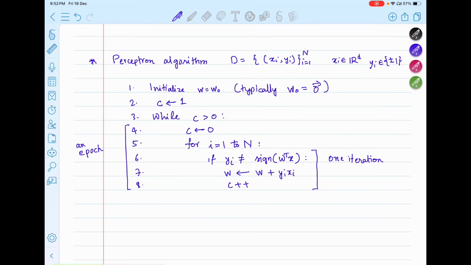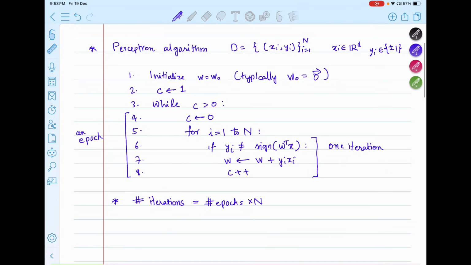So specifically, you can see that the number of iterations is the same as the number of epochs multiplied by N. But in each iteration, it is not necessary that we will have an update. It may be updated, it may not be updated, depending on whether the misclassification is happening or not.